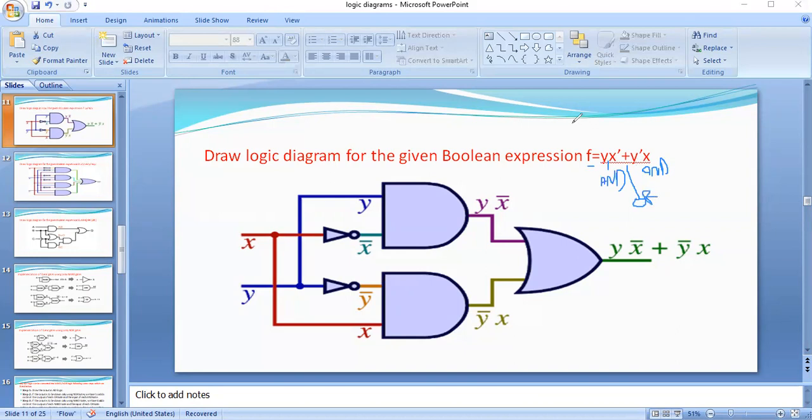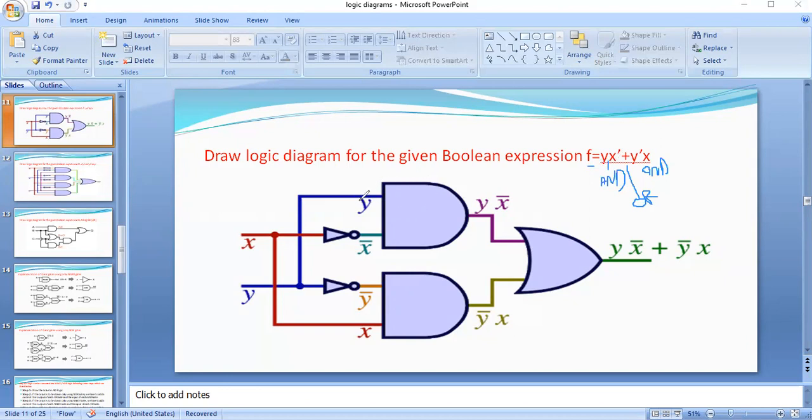Means if you want to design this expression using basic gates, we require 2 AND gates and 1 OR gate. Along with these gates, we also need NOT gates. Why? Because here we have complements. See here, I'm taking one AND gate.